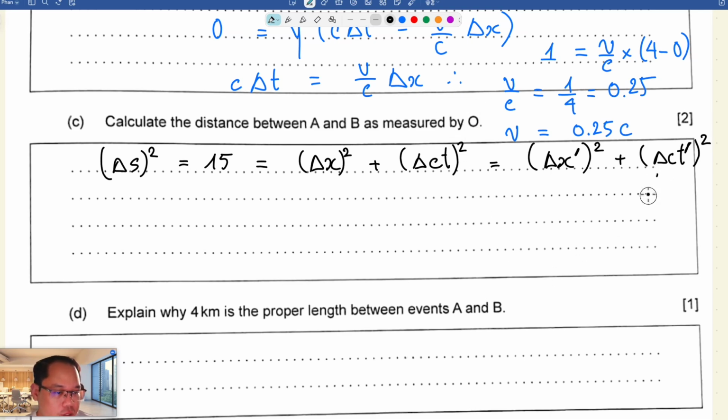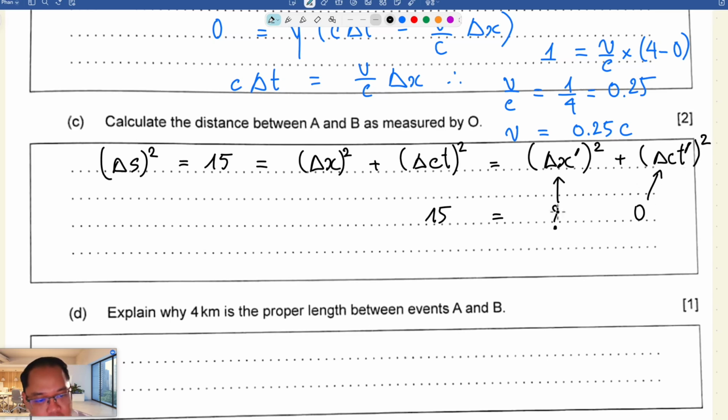This one is 0 because in this O reference frame, the two events are simultaneous. And this one, delta S prime, is what we need to find. On the left hand side we have 15.